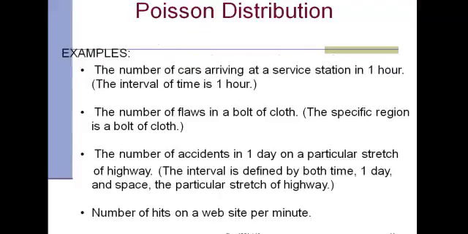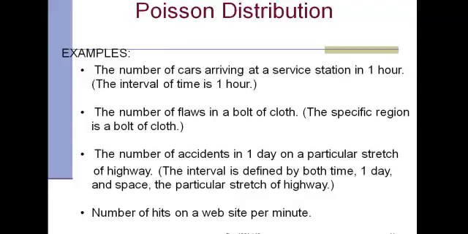So, if we were talking about a Poisson distribution, then the examples could be the number of cars arriving at a service station in an hour. In that case, the interval is the time for an hour. The number of flaws in a bolt of cloth. That relates to a specific region or a specific area being the bolt of cloth. The number of accidents in one day on a particular stretch of highway.